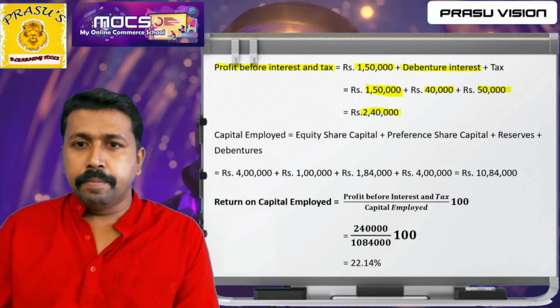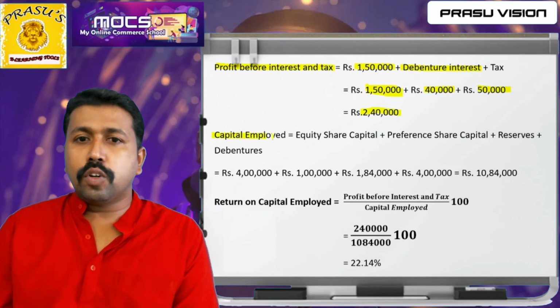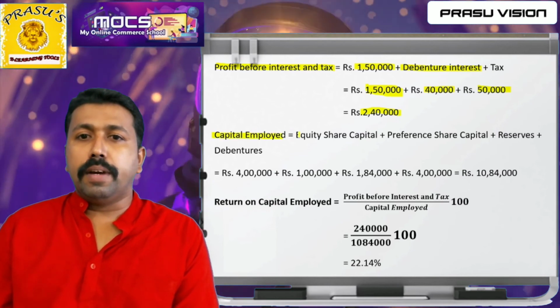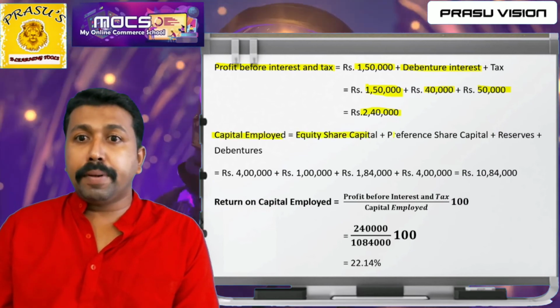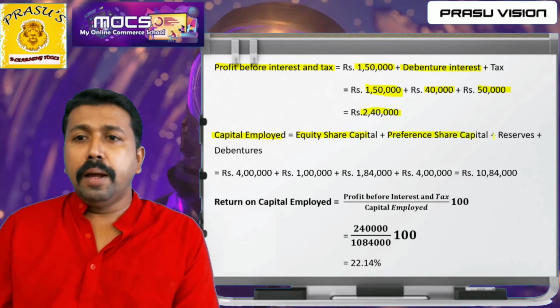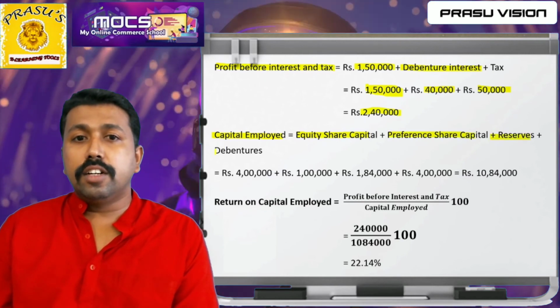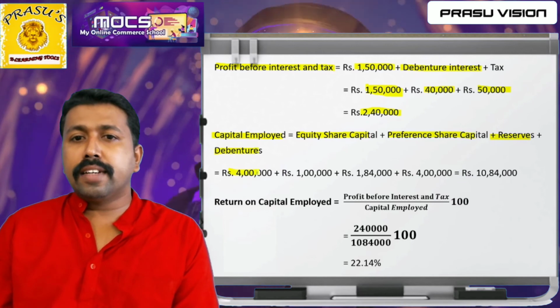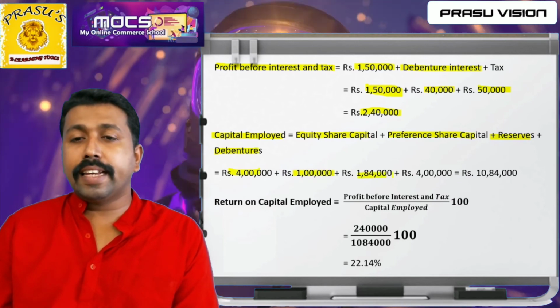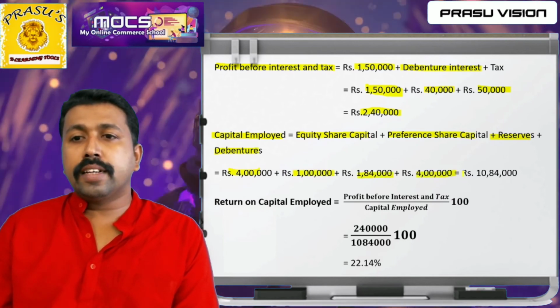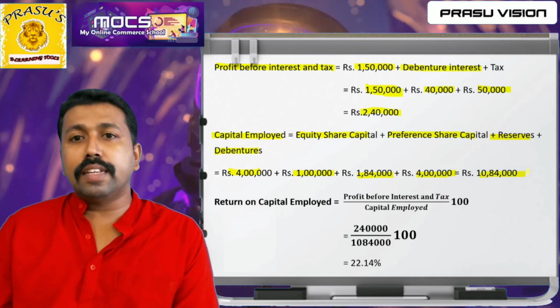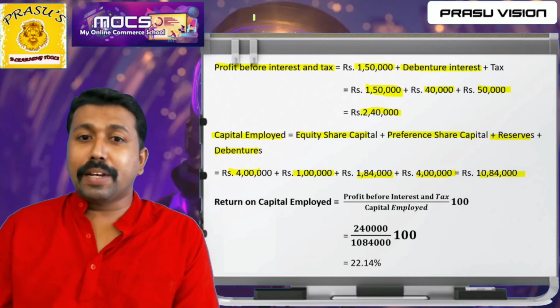And we have to find the total capital employed by totaling equity share capital plus preference share capital plus the value of reserve and debentures. So 4 lakh plus 1 lakh plus 1,84,000 plus 4 lakh, we will get 10,84,000 as the value of capital employed.